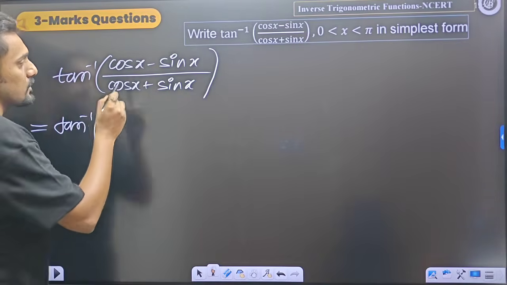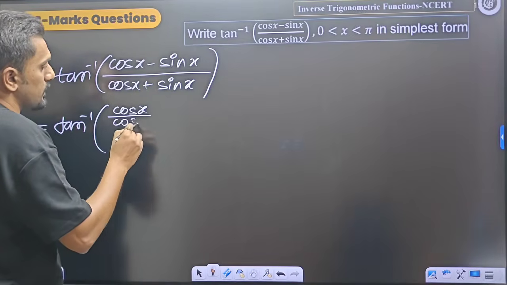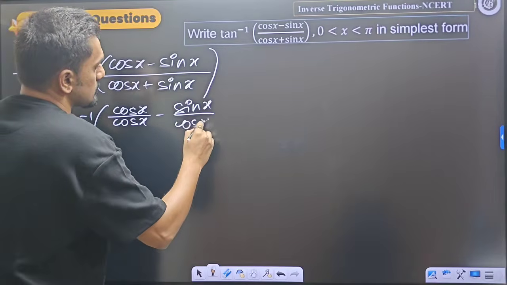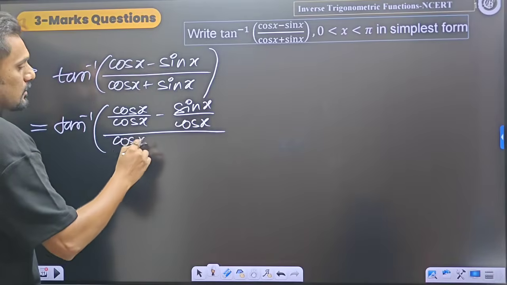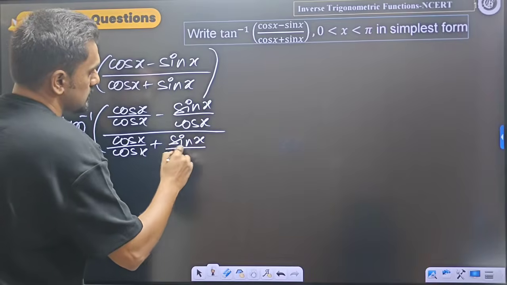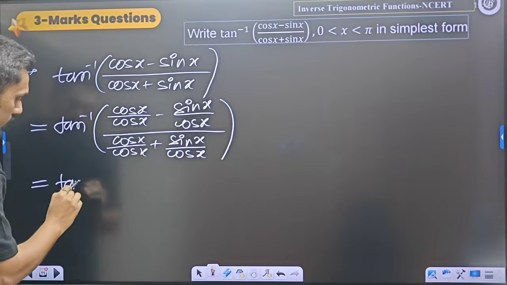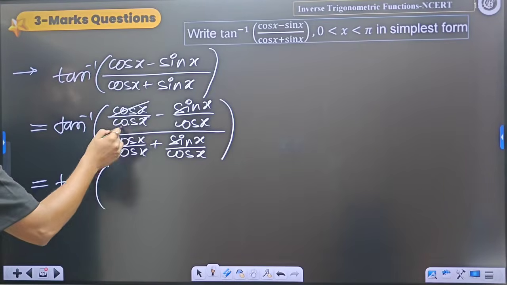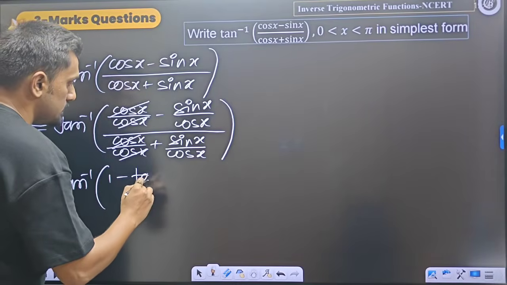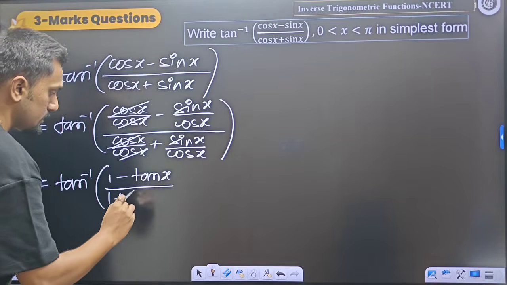Then it becomes tan inverse of cos x by cos x minus sin x by cos x divided by cos x by cos x plus sin x by cos x. Tan inverse of, cos x gets cancelled, cos x gets cancelled. This becomes 1 minus tan x divided by 1 plus tan x, since sin x divided by cos x is tan x.